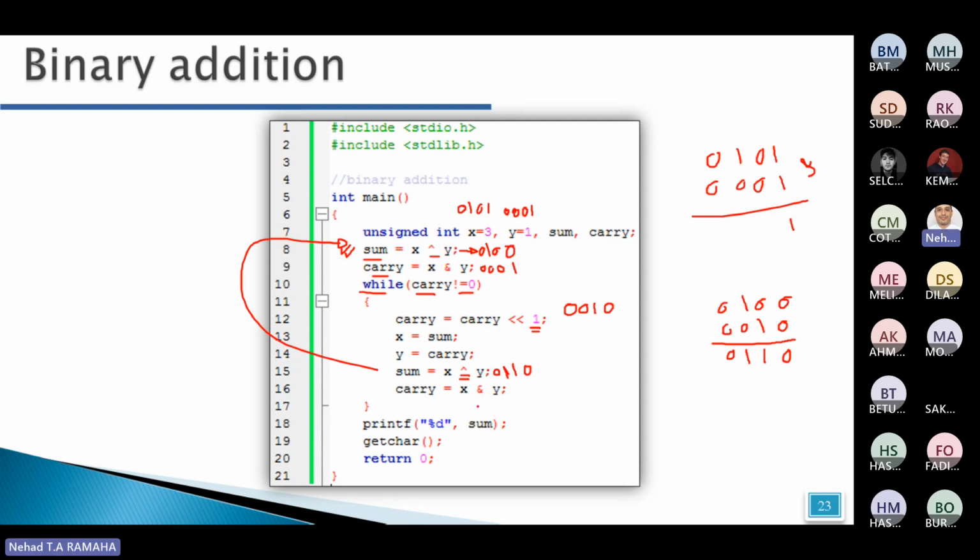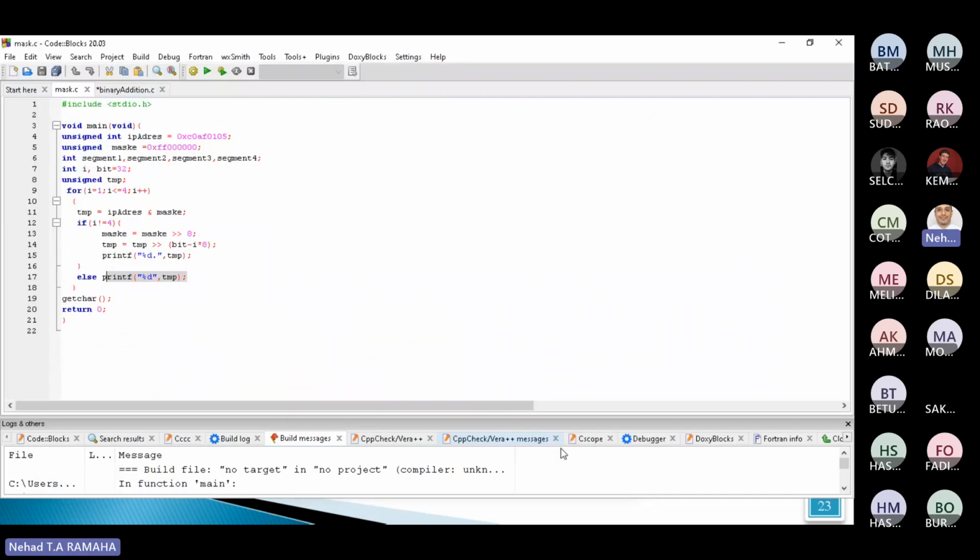About the carry, it's AND. So it's 0, 0, 0, 0. So the carry equals 0. But this is not the correct summation. I don't know. There is something wrong in the calculation. Let me run it and see.